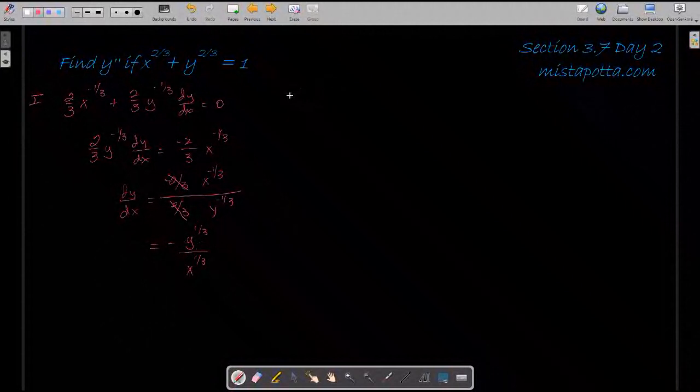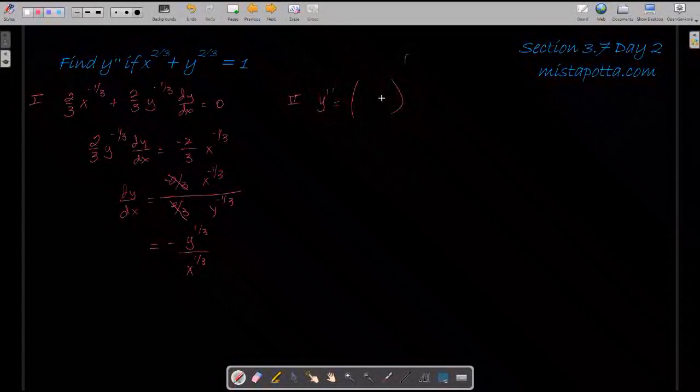So now my second step would be to take the derivative of that. So if I want to find y double prime, I've got to take the derivative of this negative y to the 1/3 divided by x to the 1/3. And I'm going to have to use the quotient rule.